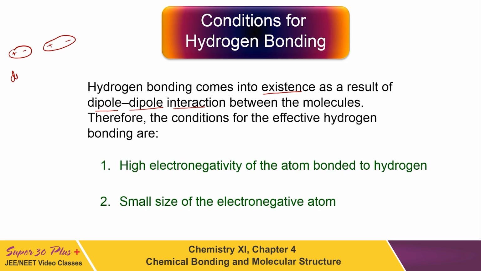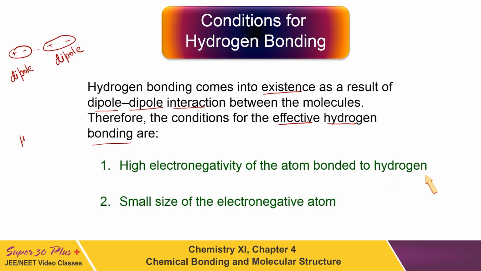So this species is a dipole, and this species is also a dipole. And the force of attraction between them is dipole-dipole interaction. So the conditions for effective hydrogen bonds are: number one, high electronegativity of the atom which is bonded to hydrogen.